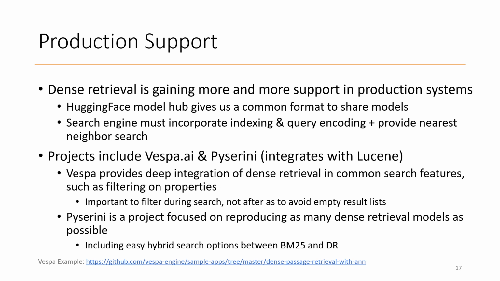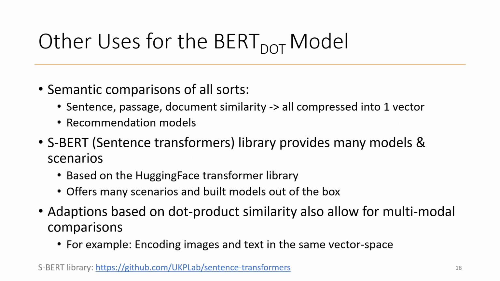On the other hand, Pyserini is a project focused on reproducing and comparing as many dense retrieval models as possible. It is based on Lucene, so it also allows you to easily do hybrid searches combining BM25 and dense retrieval.